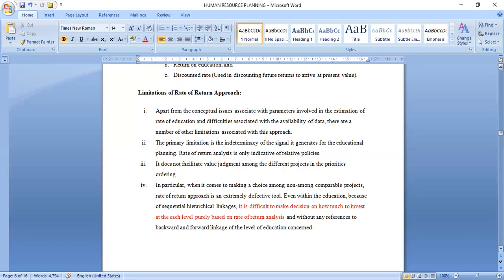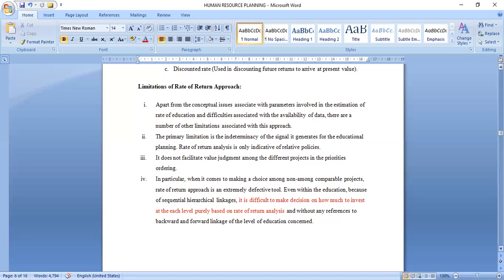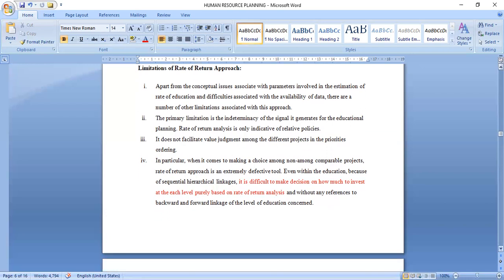So the limitations of the rate of return approach, one of them is that there are limitations associated with availability of data. In other words, it's difficult to get the required data to estimate these parameters. So that is a limitation of this rate of return approach of education planning, right?